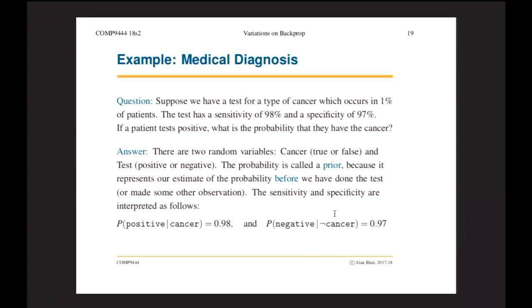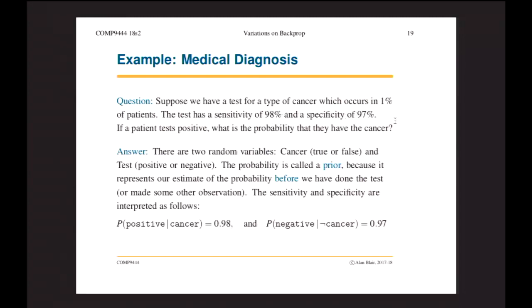So this is just medical diagnosis. You say, you've got a test for a certain type of cancer, and only 1% of people have that cancer, and then you have a test, and the test has a sensitivity of 98% and a specificity of 97%.